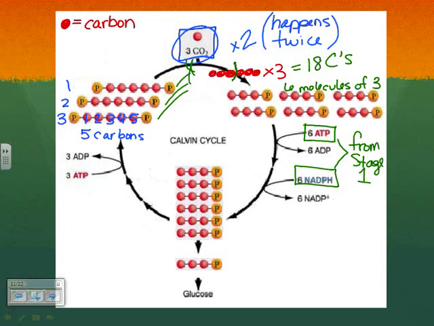Now, in this picture, it probably looks like they look the same. It's still 6 groups of 3, what the heck? The easiest way, and it's not this easy, but to make it simple for you guys, it would be like me saying, this is carbon atom number 1, this is carbon atom number 2, and this one is number 3. 1, 2, 3, 1, 2, 3, 1, 2, 3, 1, 2, 3, 1, 2. Get the idea? They're all in order.